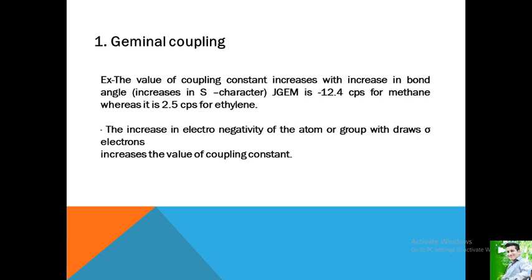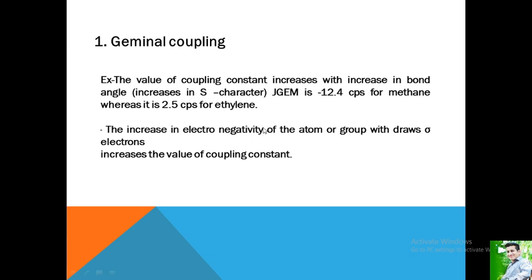So here we take the example. The value of the coupling constant increases with the increase in bond angle, that is the increase in S character. So the coupling constant for geminal coupling, J geminal, is -12.4 Hertz for methane, whereas it is 2.5 Hz for ethylene.